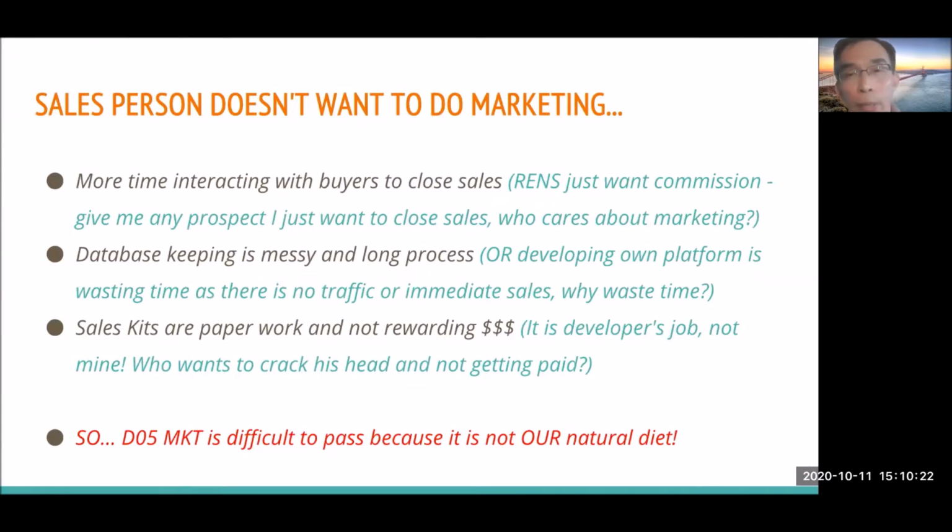So the main reason why I'm bringing up this slide is the likelihood of why we are not able to pass this subject. We are salespeople, mainly doing our daily work in the sales of real estate or whichever other sales job that you are in.